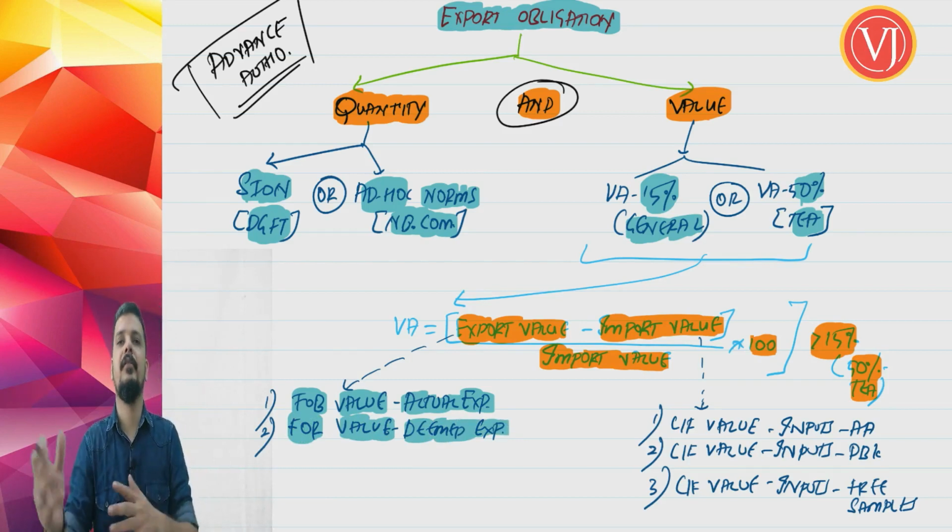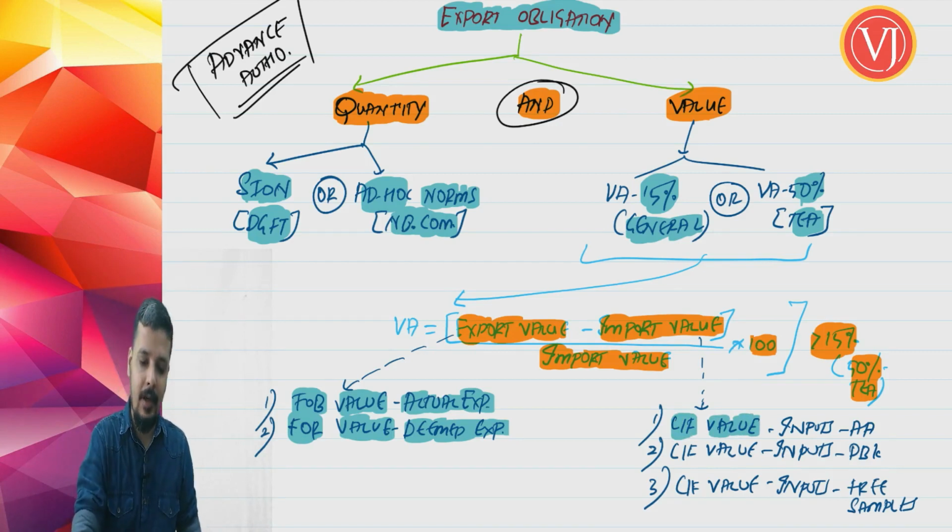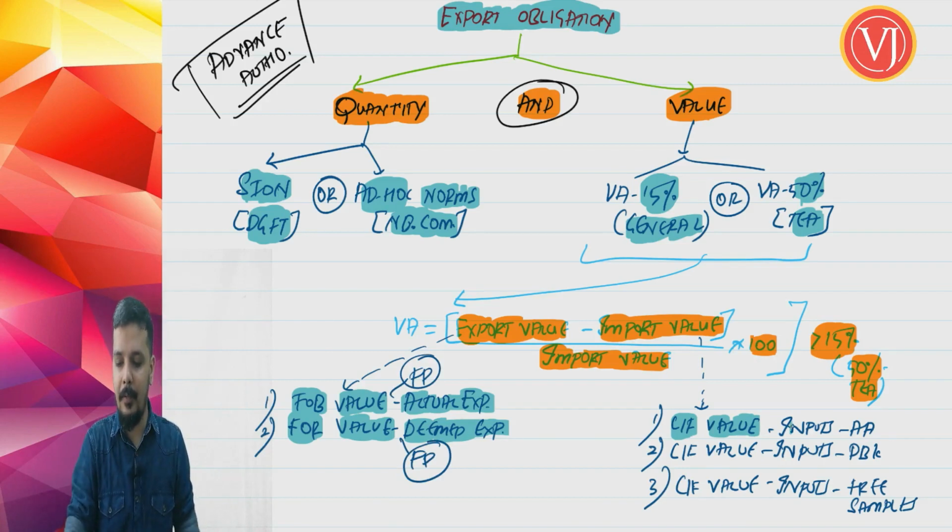Say for example, supplies to a 100% EOU, even that will be counted here for export value. Whereas your import value, friends, is CAF value of inputs. Here FOB value and FOR value is of the final product, and obviously import values are of inputs. CAF value of inputs imported against advance authorization.